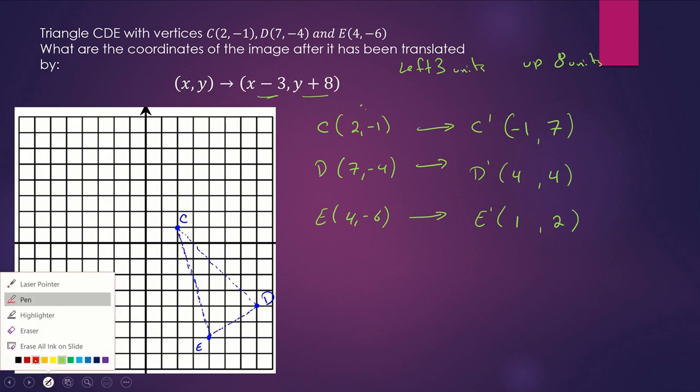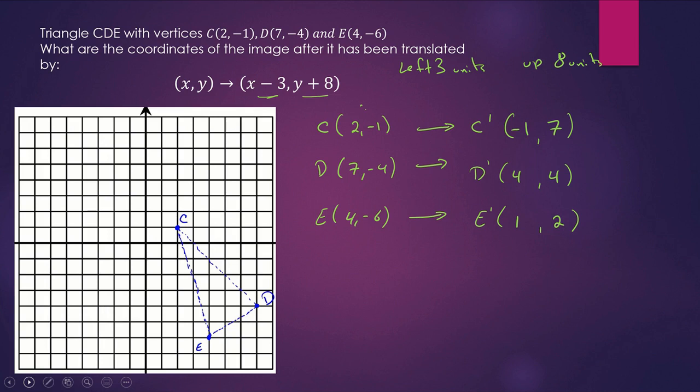And so I just want to check 2 points just to make sure that I'm on the right track, right? So let's start with E. If I move 3 units left, so 1, 2, 3, 8 units up, so 1, 2, 3, 4, 5, 6, 7, 8, it puts me at 1, 2, which checks out exactly with what I calculated, right? And same with D. So 3 units left, so 1, 2, 3. 8 units up puts me at 1, 2, 3, 4, 5, 6, 7, 8.